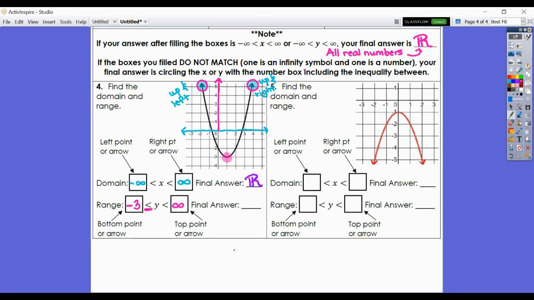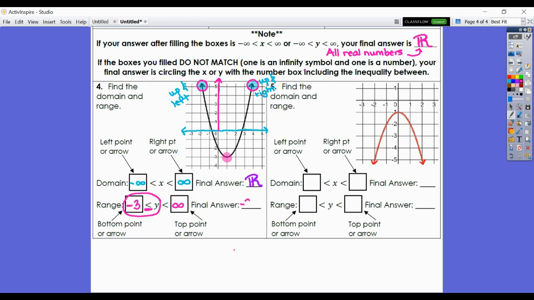Arrows keep extending beyond your graph on this piece of paper. When I have the note above saying that I don't have matching boxes, one is a number on the left, and on the right I got an infinity, so I have to circle the y or x with the number box to be my final answer and the inequality in between.